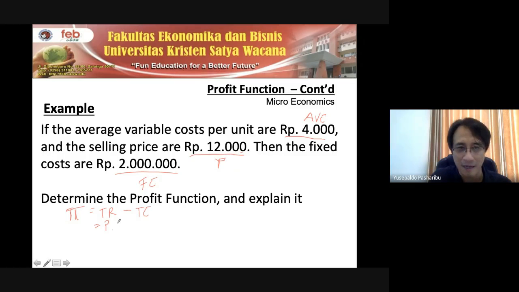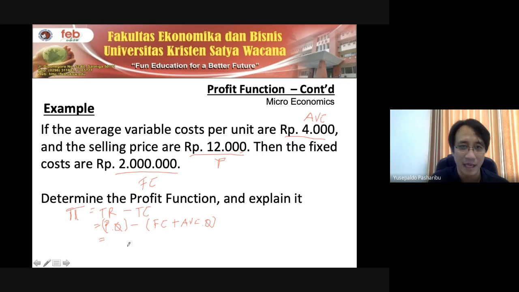TR comes from P times Q, and TC is fixed cost plus average variable cost times Q. Be careful with this bracket, because if we open the bracket, then the second part, AVC times Q, becomes negative too.